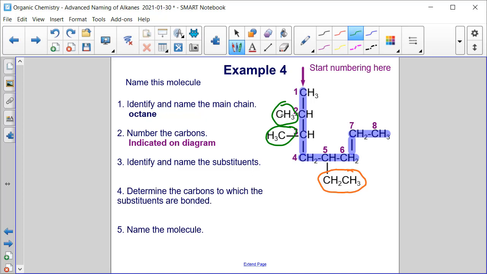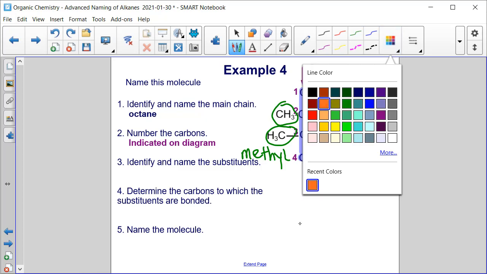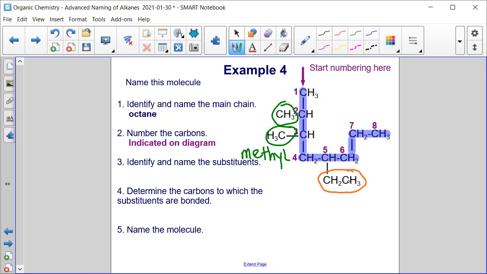So in green, these are both 1 carbon each. So those are methyl groups. 1 carbon is methyl, right? And this is 2 carbons. So this is an ethyl group. So we have 2 methyl groups and 1 ethyl group.